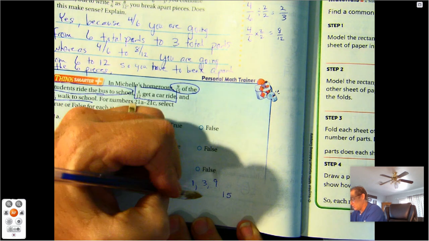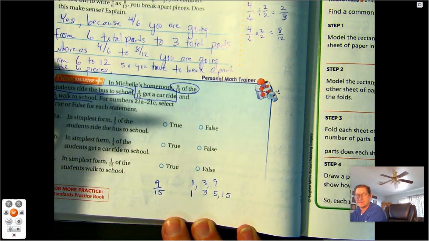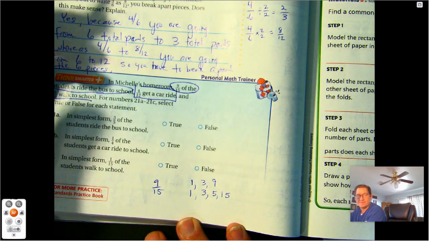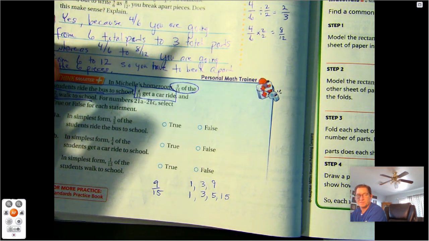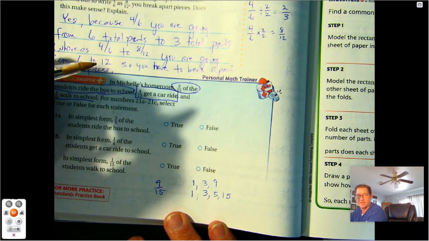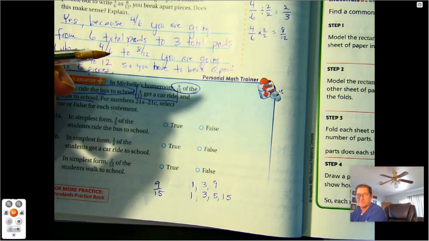Okay, 4 won't work because 15 is not even. 5 we already know. 6 will not work because it is not even and divisible by 3. 7, 14, 21, 8, 16. So these are the factors of 15. So in common, we have 1 and we have 3.